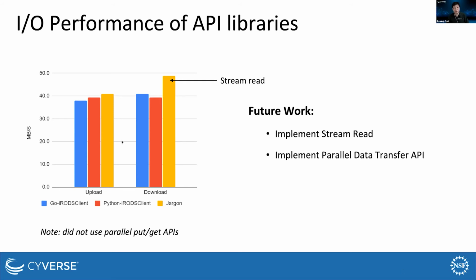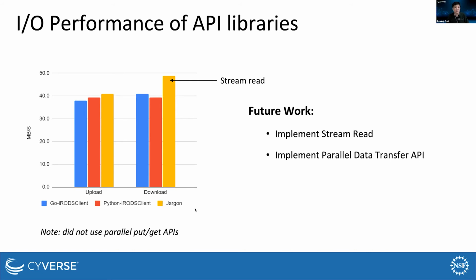However, Go-iRODSClient and Python iRODSClient do not implement this feature, so they block until they receive all the data requested. So they handle data I/O sequentially, synchronously.